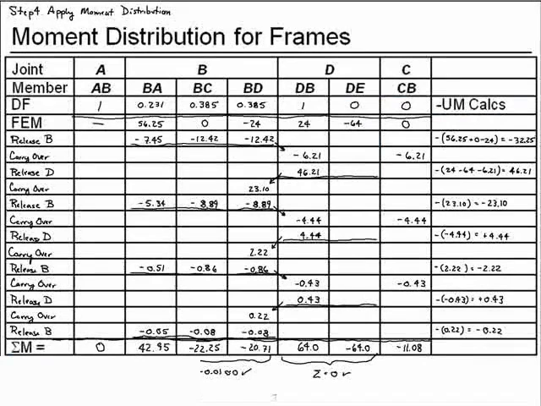Once we reached the point where the unbalanced moment, the amount that we were transferring by carryover, was less than about 1% of the initial fixed end moments, I decided that was sufficient, and we stopped and we found the moments in the frame by summing the quantities in each individual column.